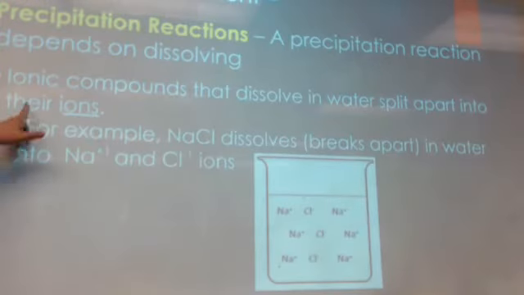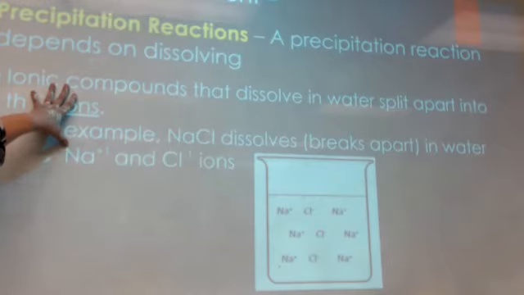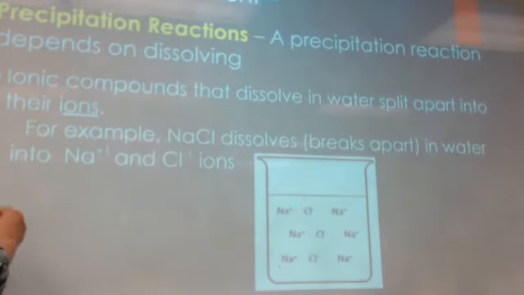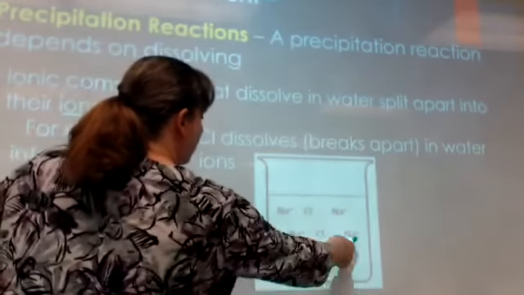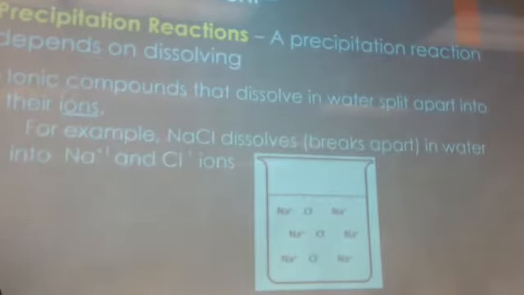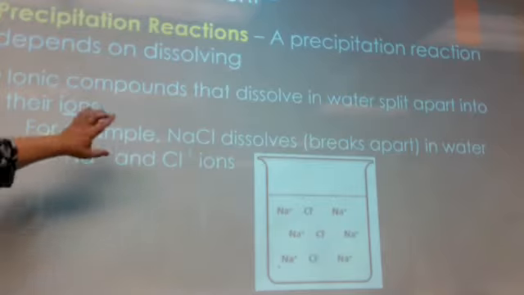Okay, the ionic compounds that go into the reaction have to be dissolved because you have to have free floating ions in the water. When the ions are connected to each other, they can't react. So if they don't break apart, then no reaction will happen.